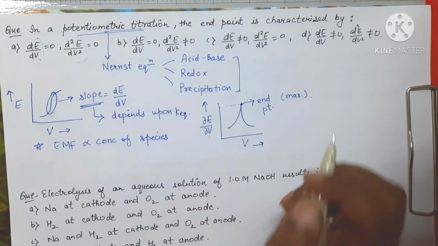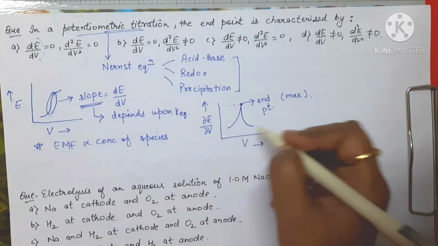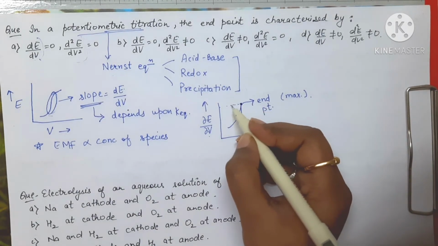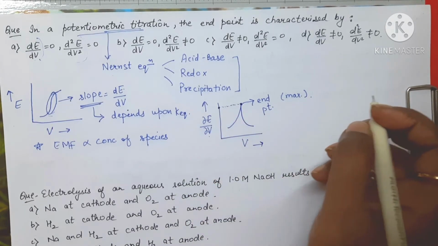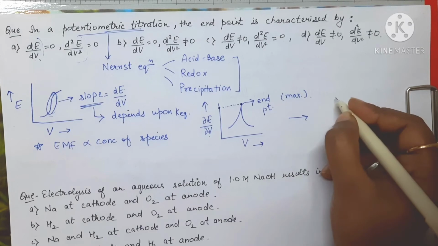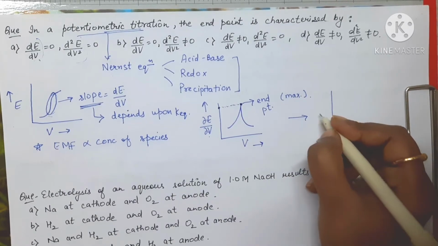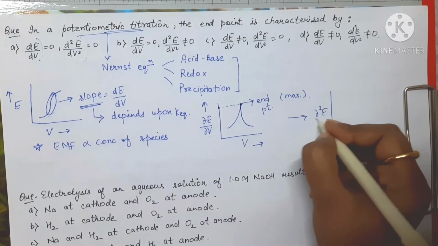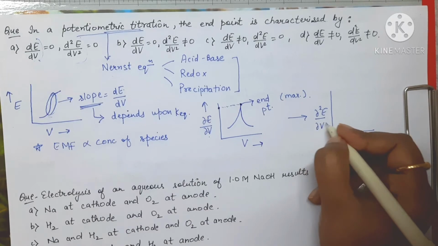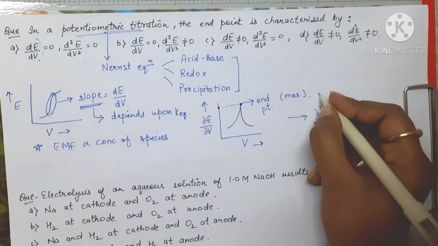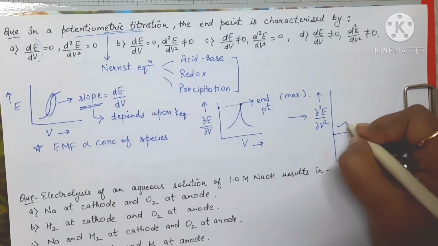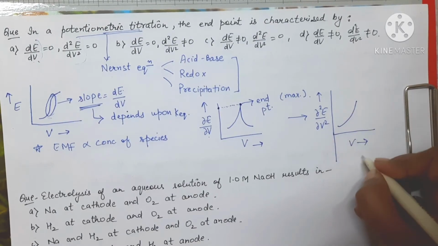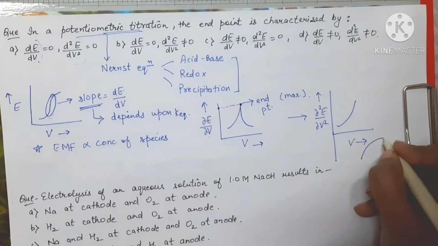Okay, if by chance again we are plotting this kind of a graph and we are not getting proper dE by dV max value, then what we can do again is, we can again take the derivative, del square E by del V square versus V, and then when we plot the graph, we get a graph like this, discontinuous graph.